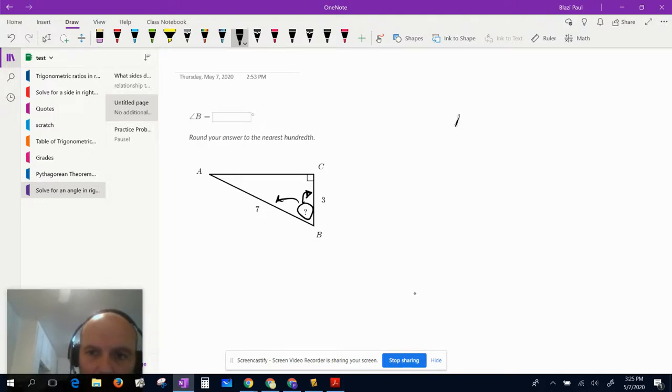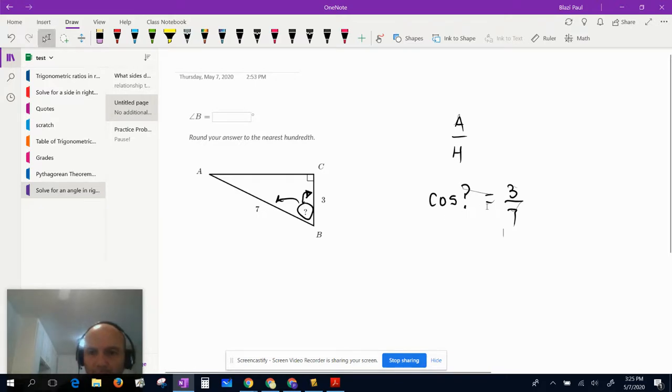So it's giving me adjacent over hypotenuse, which is which trigonometric function? That's cosine, right? So cosine of question mark equals 3 divided by 7. Okay? So cosine of question mark equals 3 divided by 7.